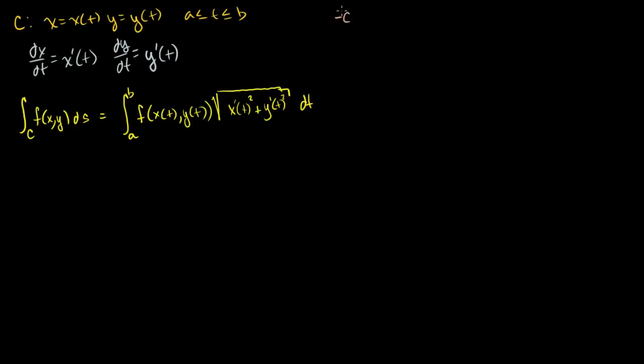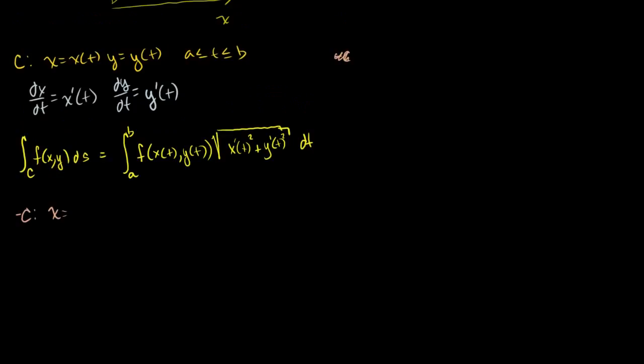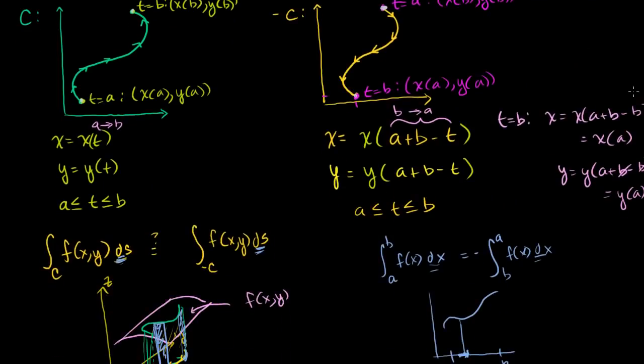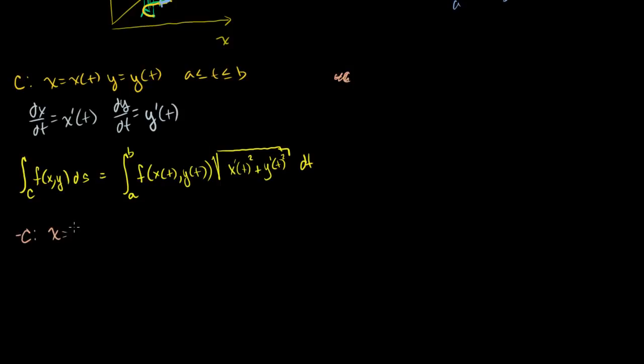For the minus c version, you remember this from the last video, x is equal to x of a plus b minus t, y is equal to y of a plus b minus t, and then t goes from a to b.